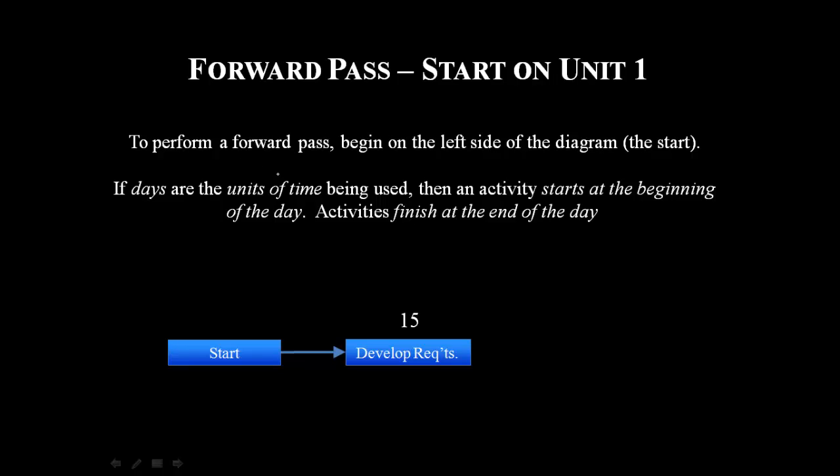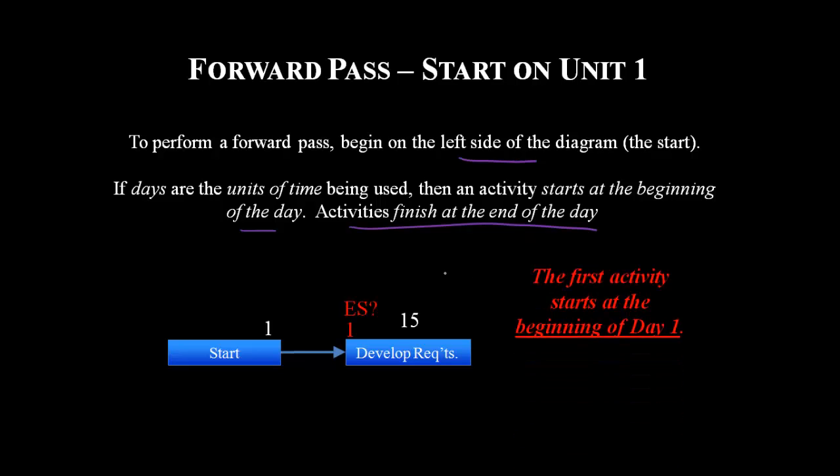To begin a forward pass, always start from the left side of the network diagram. This is start. If days are the units of time being used, then an activity starts at the beginning of the day and finishes at the end of the day. So the earliest start in this case is the beginning of day 1.